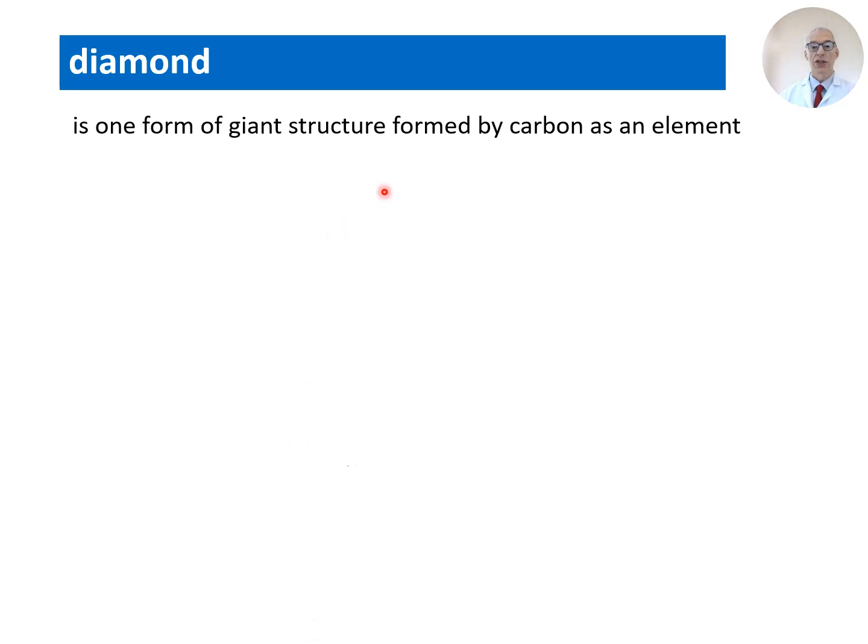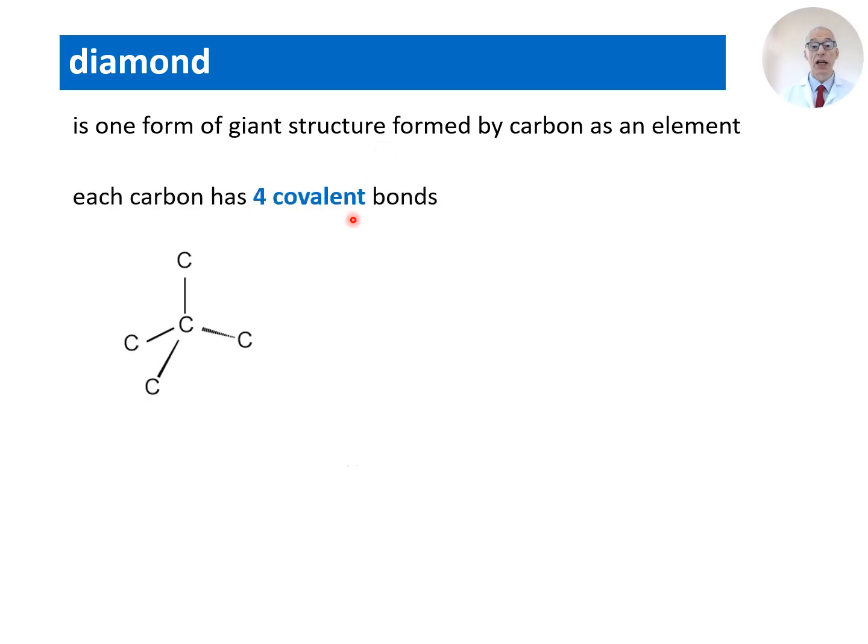So let's take diamond as the first giant structure of carbon as an element to consider. As we saw, each carbon atom can form 4 covalent bonds to achieve a noble gas structure. And we're suggesting in giant structures such as diamond, each carbon forms single bonds to further carbons.